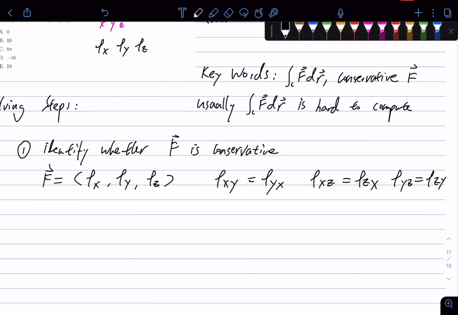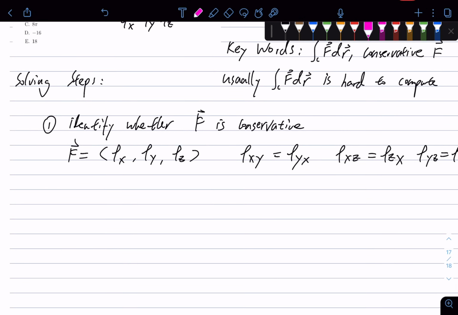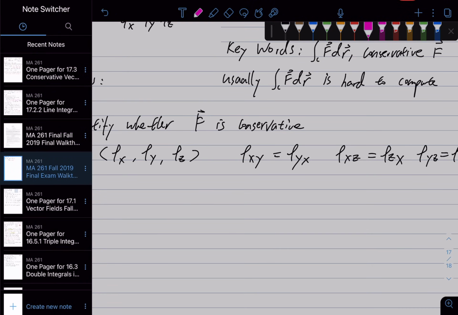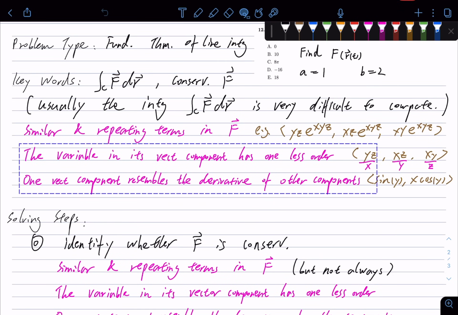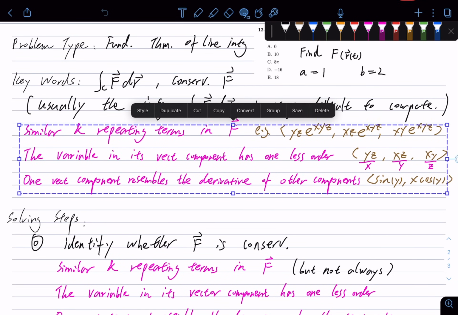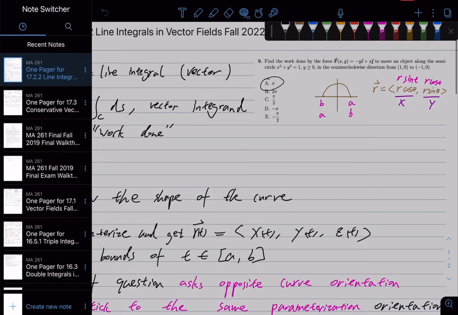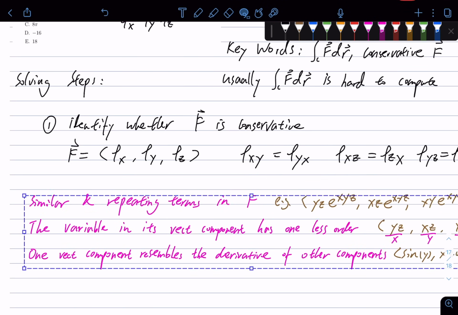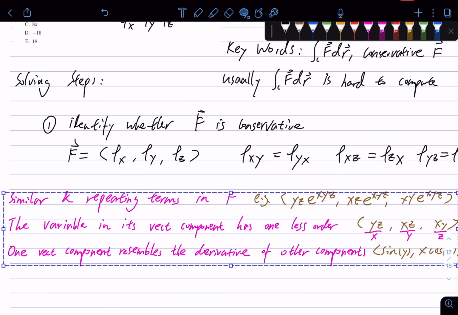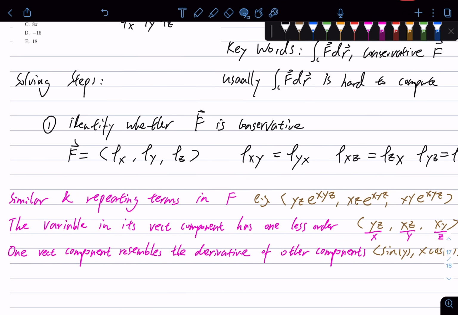So what I'm going to show you is a shortcut to identify this. I'm going to copy my notes down for you, because I think this is really helpful. Right here. I call them the shortcuts that are useful to quickly identify which vector field is conservative. Let's go over them.